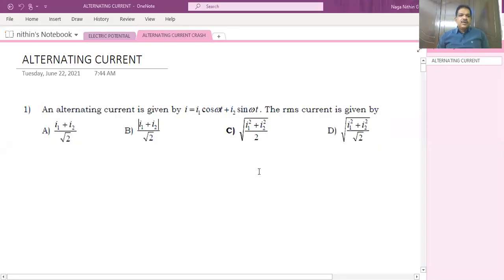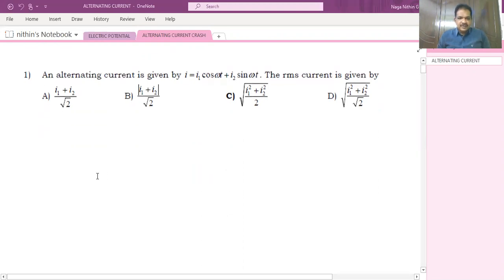An alternating current is given by I equal to I1 cos omega t plus I2 sin omega t. The RMS current is given by how much? Here I1 cos omega t is there, and here I2 sin omega t is there. The phase difference between them is 90 degrees.